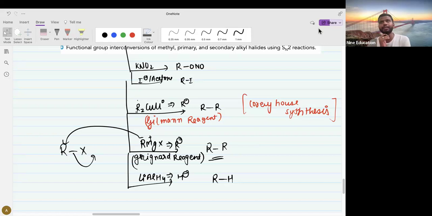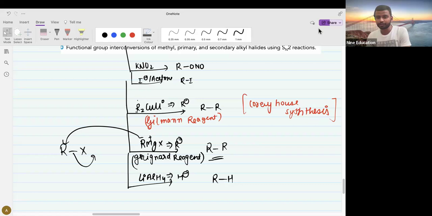And we can also calculate the stability of reactants and products by calculating the energy of reactant and energy of product. Any substrate will try to decrease its energy. If the energy decreases more, it will be more stable. Don't worry.